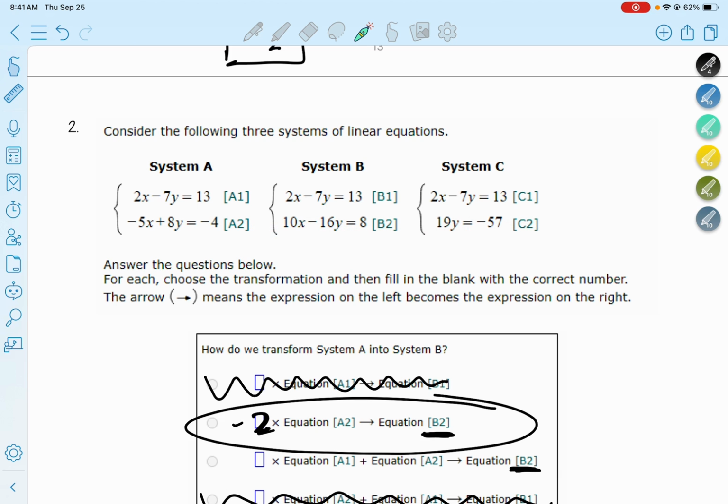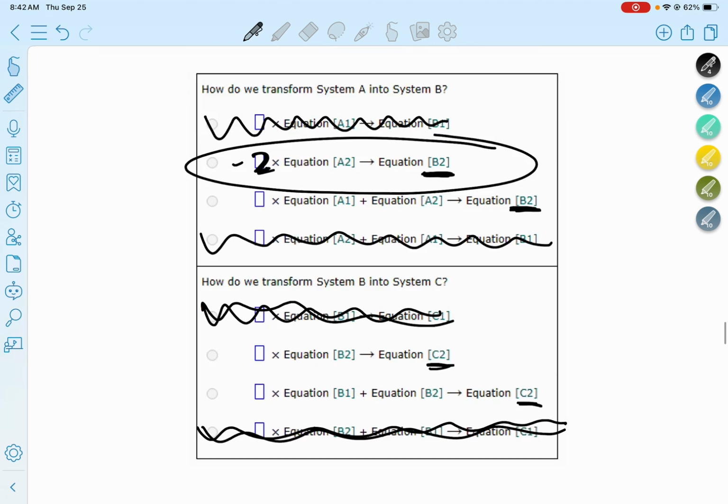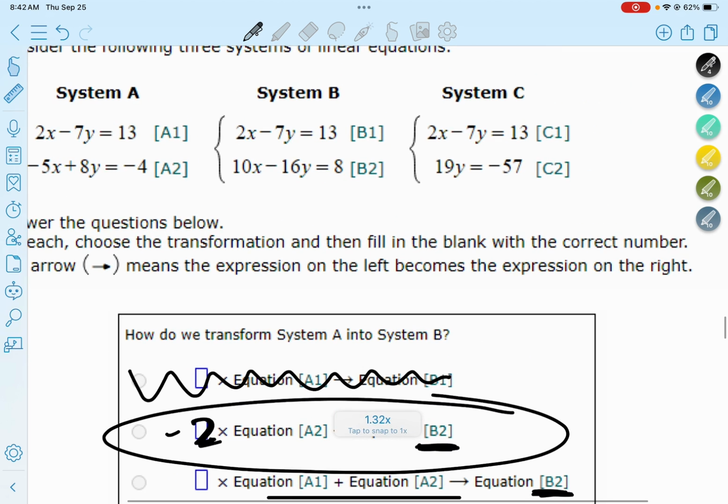Well, if we think about this, if we're getting rid of x's when it comes to elimination, remember that means I would take this top equation, multiply it by something, such that when I add them together, my x's would cancel and go away. So I need 2 to become -10, which means I would have multiplied it by -5. So let's try that.